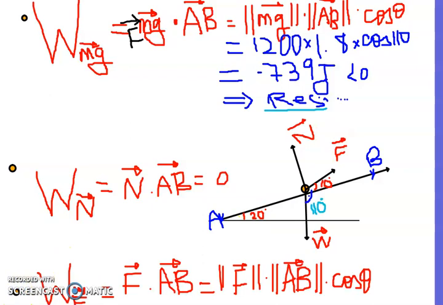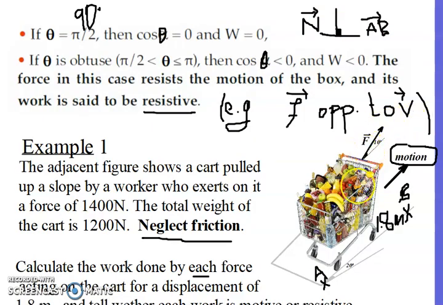The work done by F is F dot AB, the norm of F, norm of AB, cosine theta. Now what is the angle between AB and F? Look here at the given. This is the slope AB, and this is F. The angle is 10 degrees. You see?